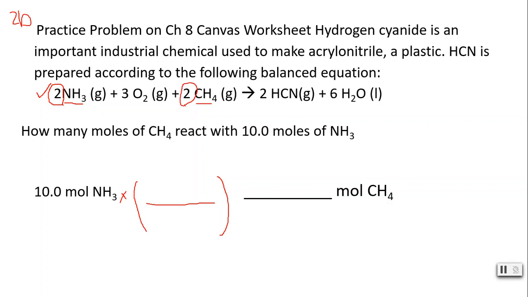So what I just said verbally, I need to write that down here as a conversion factor. My 2 moles of NH3 is going to go in the denominator because I need my moles of NH3 units to cancel. So for every 2 moles of NH3, and then in the numerator, I will write down 2 moles of CH4.